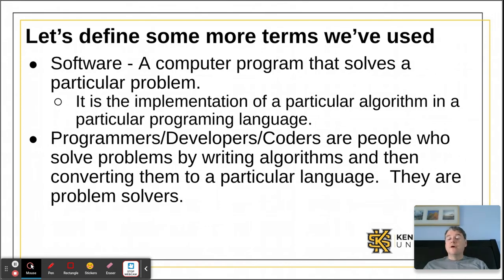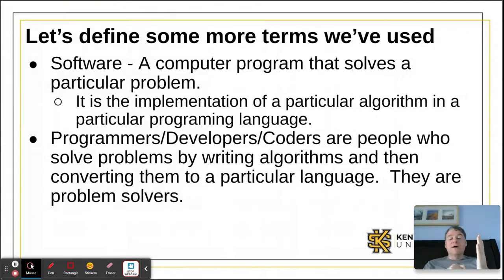Every piece of software that you have ever used in your life, which is every application on your phone, every application on your computer, every website that you've ever visited, all of those are pieces of software that somebody wrote. Somebody somewhere sat down and thought about when you pick up your phone and you press the icon, what is the first thing that you see? And if while that's on the screen you hit the back button, what happens? And if you hit the power button, what happens? And if you click in the middle of the screen, what happens? And then when that has loaded and it gives you the next part of the screen and you click the login button, exactly how is that going to work?